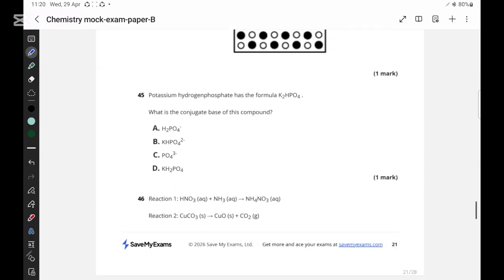For question number 45, they are saying potassium hydrogen phosphate has the formula K2HPO4. What is the conjugate base of this compound? So when it donates a proton, it becomes K2PO4 minus plus H positive. So you can see this was an acid, and when it donates a proton, it becomes the conjugate base.